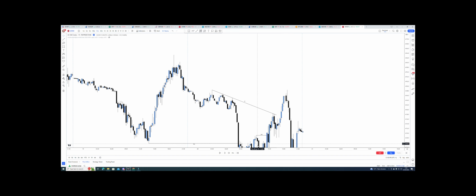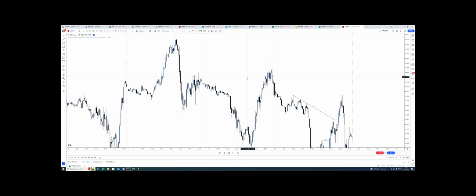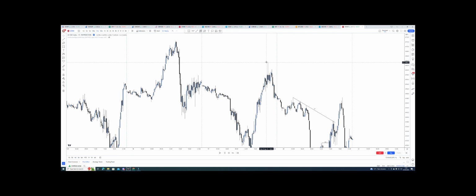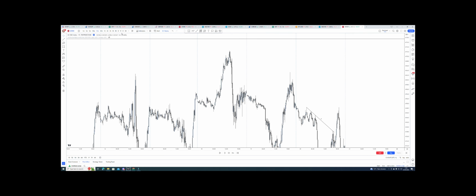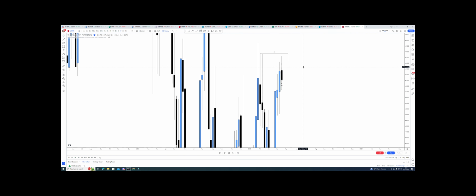I was actually anticipating a rally up, maybe to sweep the liquidity above this previous day's high, and then, as we mentioned at the start of the video, sweep the liquidity above these relatively equal previous week's highs, as that was my narrative.